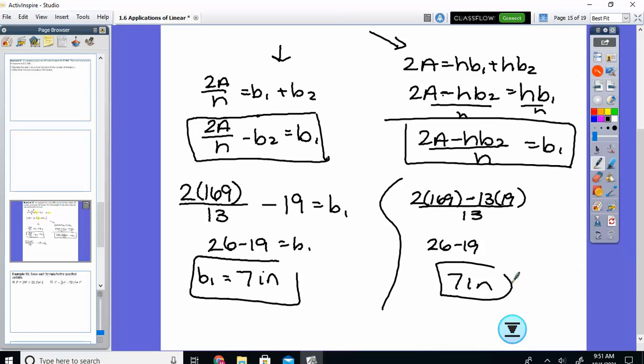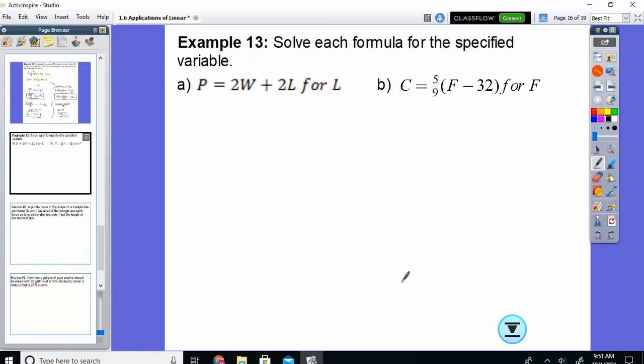Okay. Let's look at the next one. So solve for the given variable. All right, on this first one, P equals 2W plus 2L.